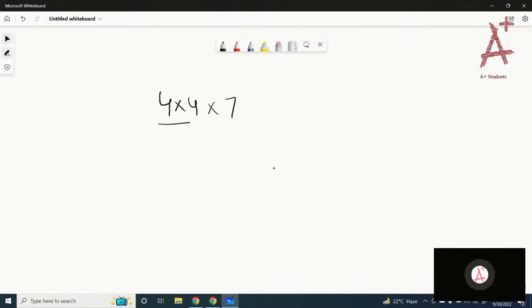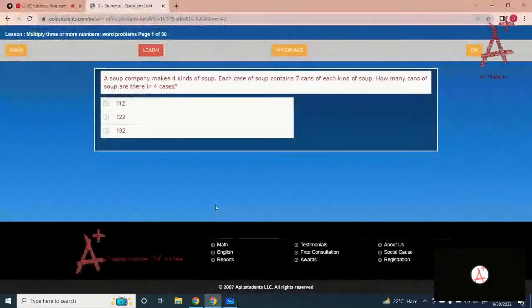So 4 times 4 is 16. Then you have to do 16 times 7. So 6 times 7 is 42. Write the 2 over here and 4 over here. So 7 times 1 is 7, 8, 9, 10, 11. So it would be 112. Got it? So select the correct option and click on the OK button.